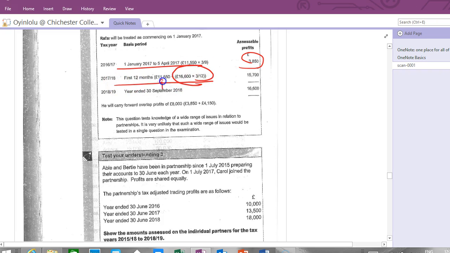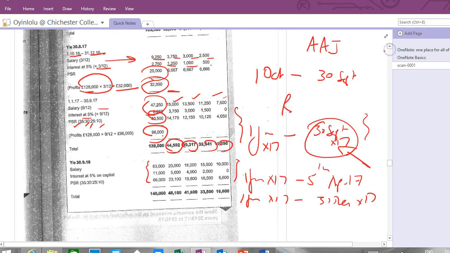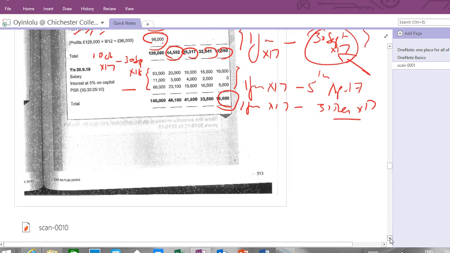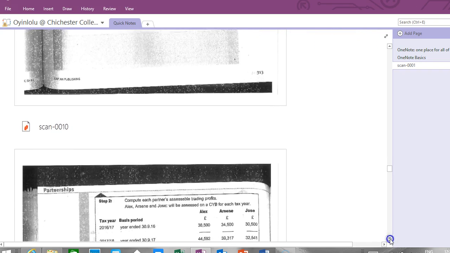We have 9 months for Rafa, and then we have 3 months of his 16,660, which was calculated based on his normal share of profits from the 1st of October X17 to the 30th of September X18. We need 3 months of that because we have to go to December, don't we? So that's how we deal with Rafa, and that's really what the purpose of this chapter is trying to get you to do.